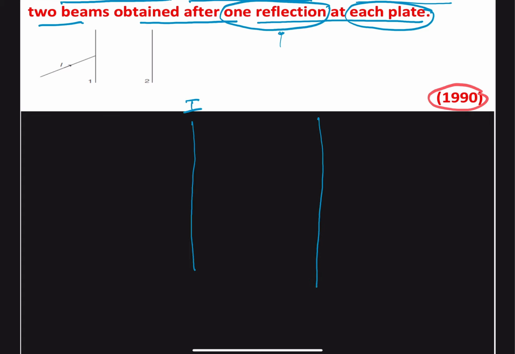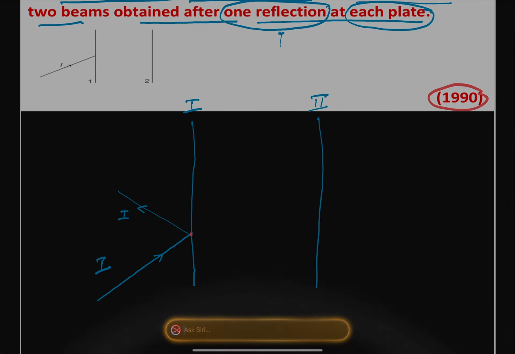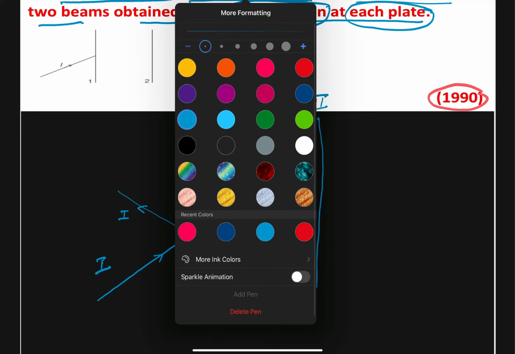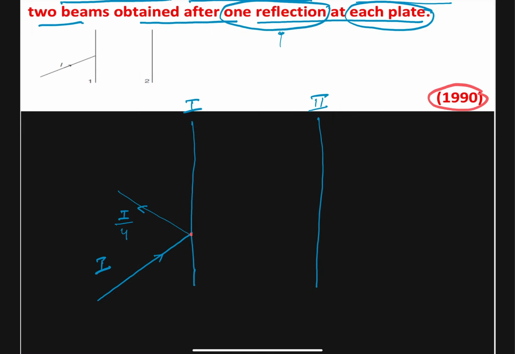Incident light is given as I. In the first reflection, which takes place at plate 1, 25% will be reflected back, or we can say I by 4 will be reflected back from plate number 1, and 3/4 will be passing through the plates.